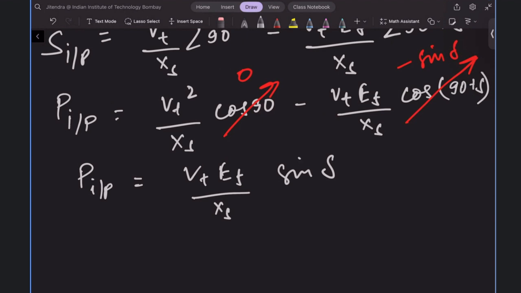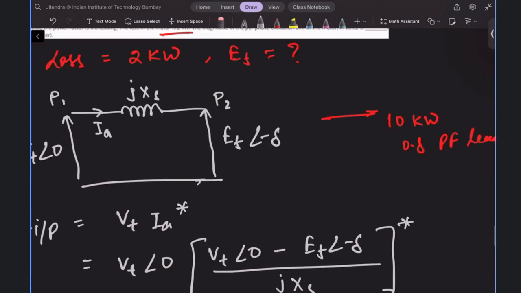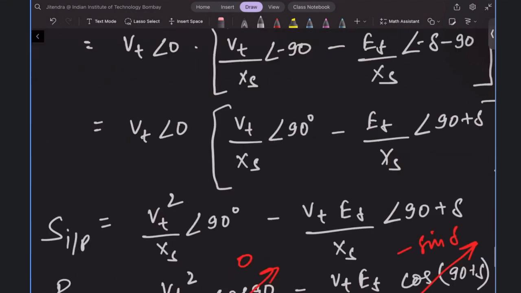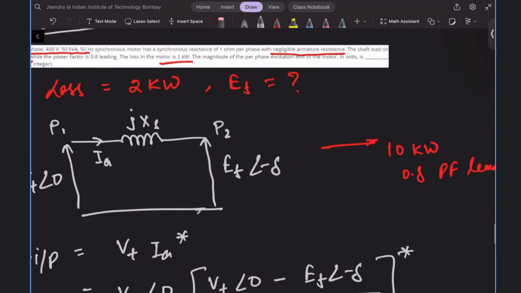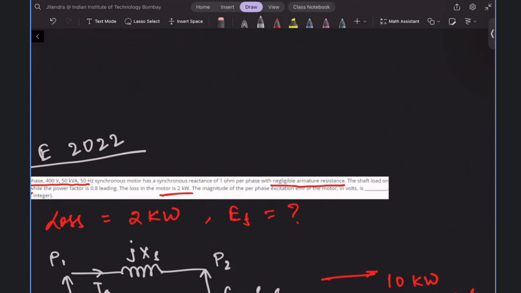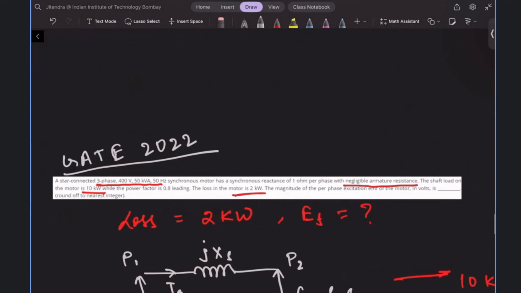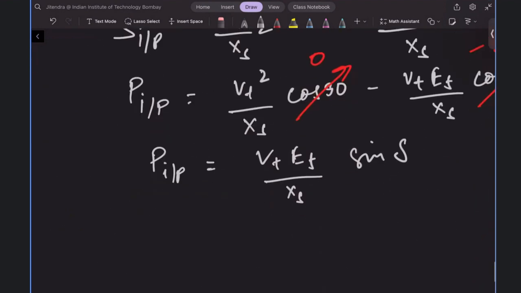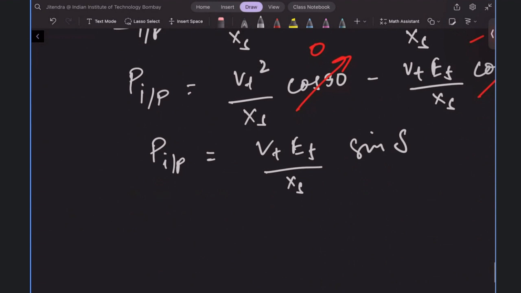So what we were finding was EF, right? In the problem, it was given as the magnitude of per phase excitation EMF of the motor. And is delta given? I don't think delta is given, but we are given the power factor. So what to do now? We have our expression.